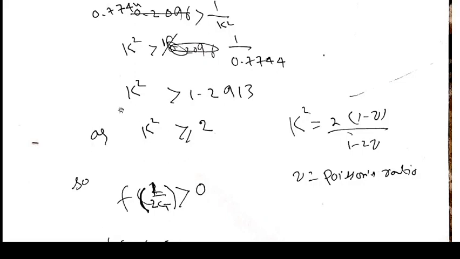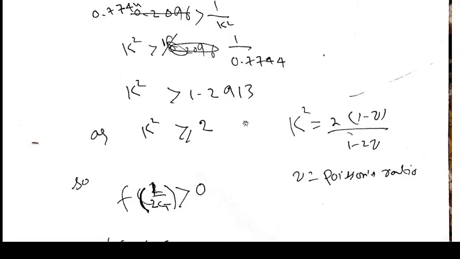But our calculation is telling us that kappa square is greater than 1 by 1.3. So it means that this relation is covering the whole domain of kappa.